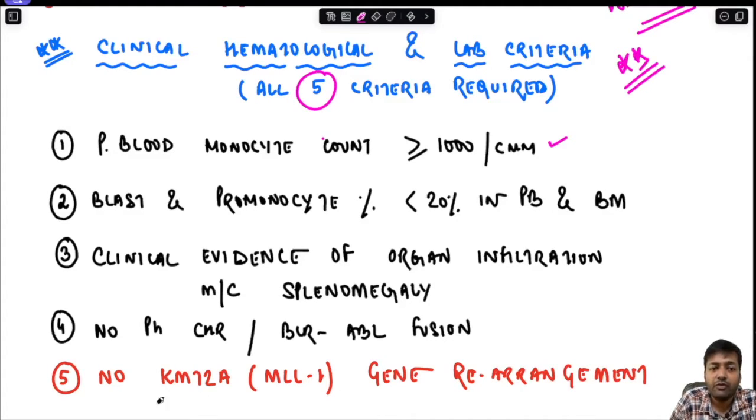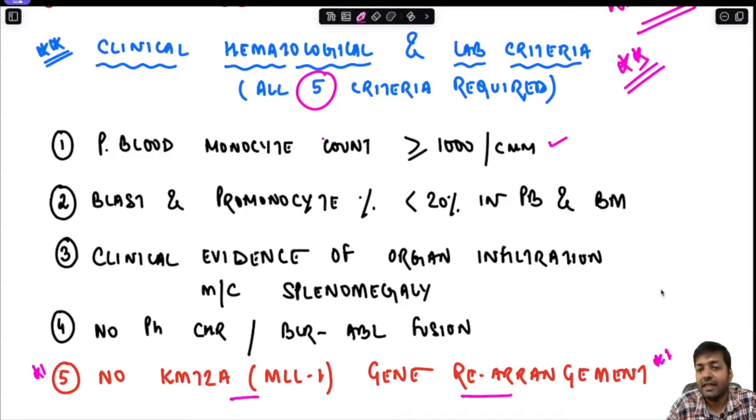So if you see this 5th point, I have written it in red. Anything that I have written in red is basically a current change. It is a new criterion under the 5th edition, which wasn't there in the 4th edition of the WHO. So there should not be any KMT2A MLL1 gene rearrangement. Now remember one thing, why have they given this?